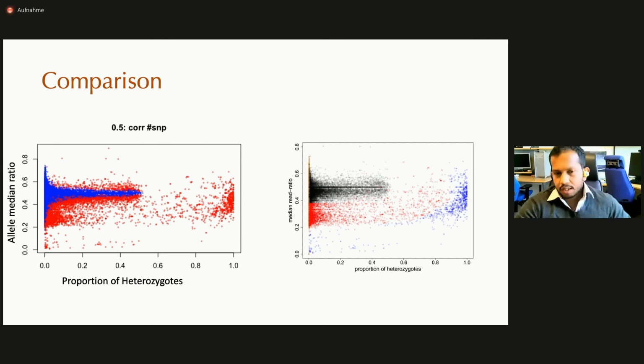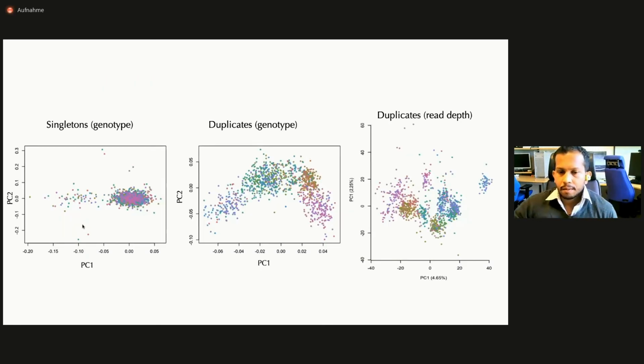So we wanted to check if this actually worked, if we really detected biologically meaningful duplicates. We made a PCA of singletons, which are non-duplicated SNPs, using genotypes, and we don't see any population structure there. Then we used the duplicates that we detected, but only the genotypes.